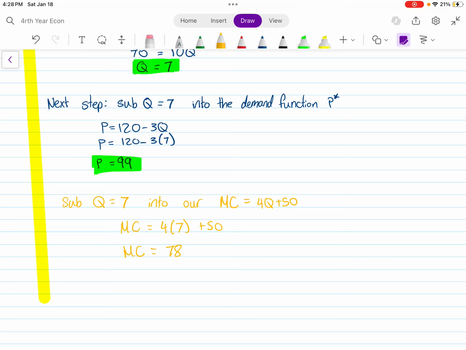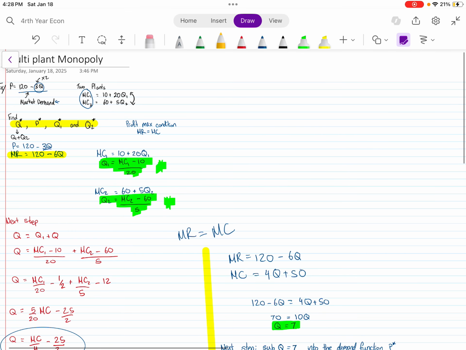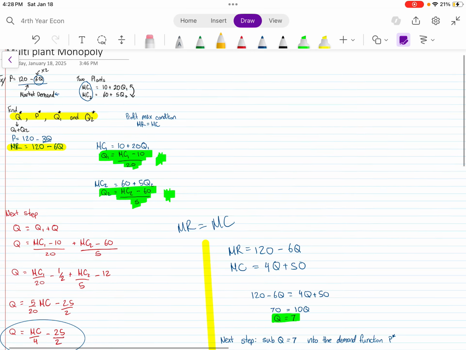So we know that the total marginal cost for both plants, because remember up here we had the marginal cost for the first plant and the marginal cost for the second plant, we have the total marginal cost between the two plants being 78.